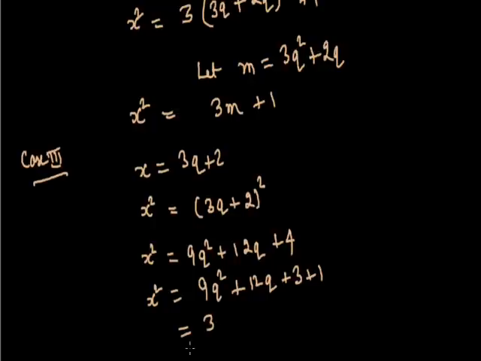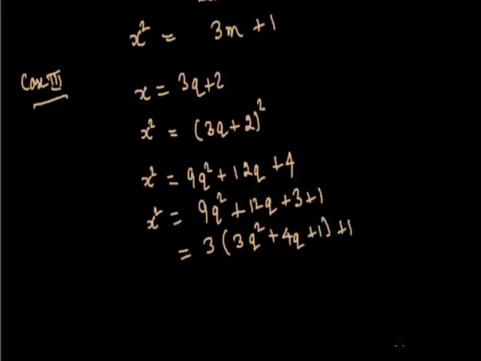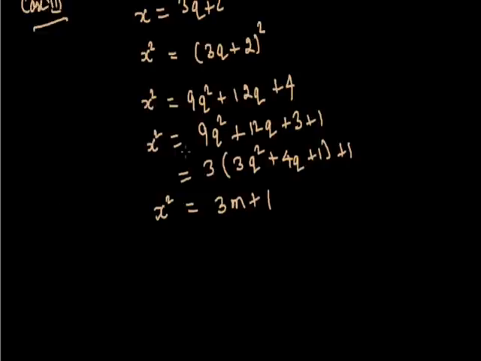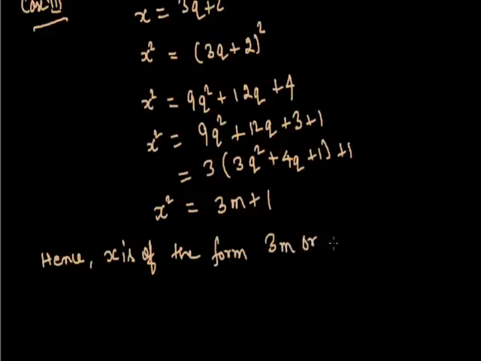Now take 3 common from the first 3 elements. So it will become 3 multiplied by 3q square plus 4q plus 1, plus 1. Therefore x square equal to 3m plus 1. Hence x square is of the form 3m or 3m plus 1.